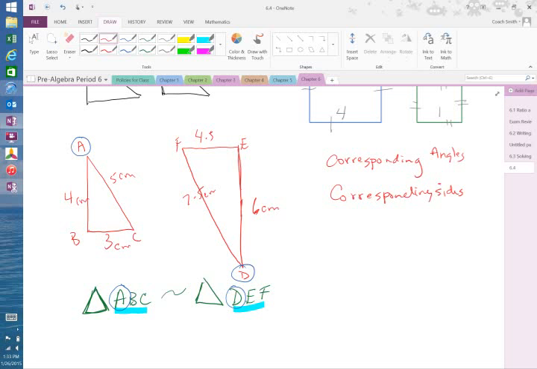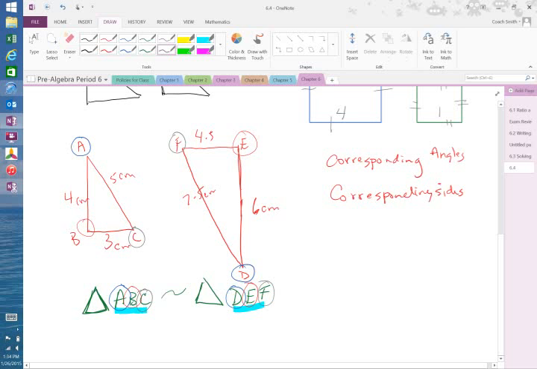B here and E here, so these two are the same point. And F and C are the same.